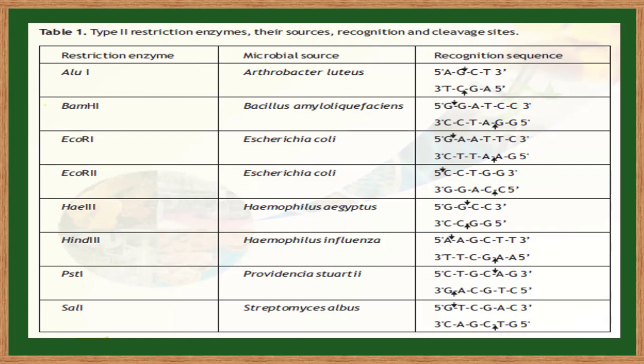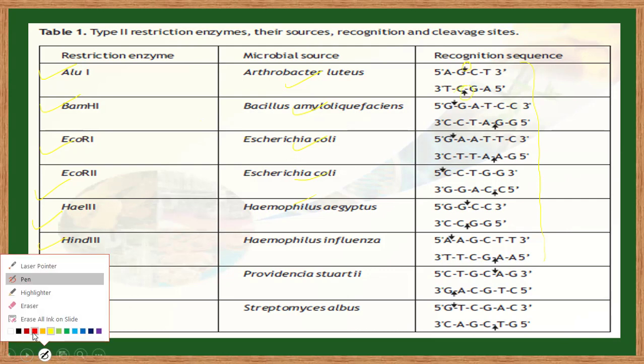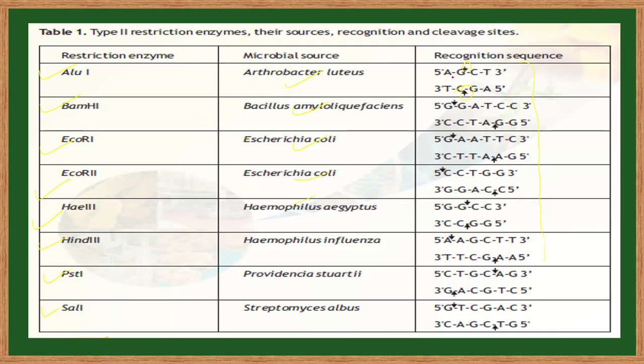Now I will give you some examples of restriction enzymes: AluI, BamHI, EcoRI, EcoRII, HaeIII, HindIII, PstI, SalI, and these are the different microbial sources. These are the palindromic or recognition sequences, and they will digest from here. Here is the palindromic sequence AGCT, again AGCT, and this arrow is for digestion.